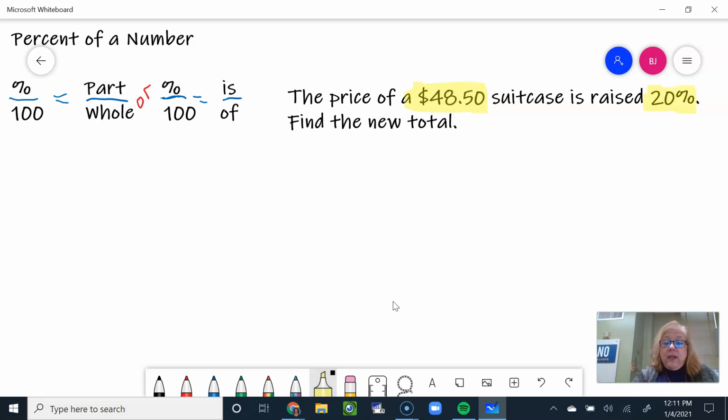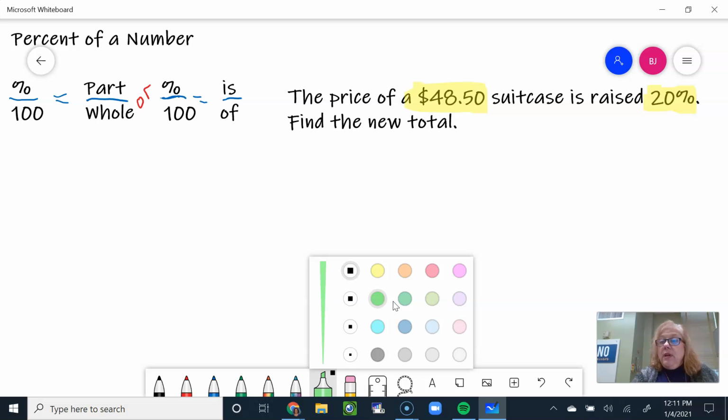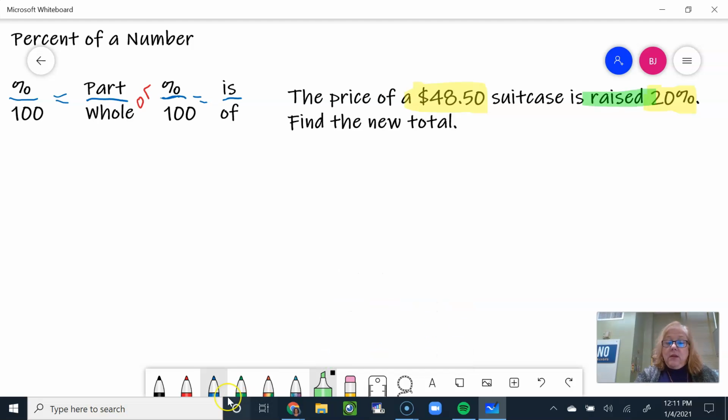Our key word here is raised. What does raised mean? Does that mean that we're adding, or does that mean we're subtracting? Does that mean we're dividing or multiplying? Well, in this case, it means that we're going to raise it.